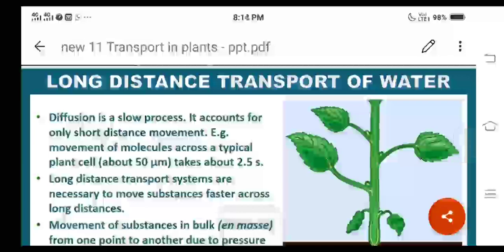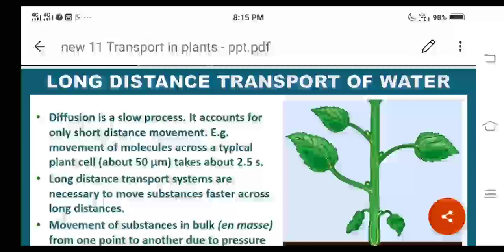If the plant is too tall, because flowering plants are sometimes more than 120 meters, in this situation the movement of molecules through diffusion, osmosis or active transport will become difficult.